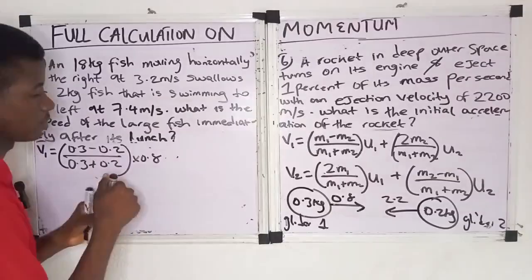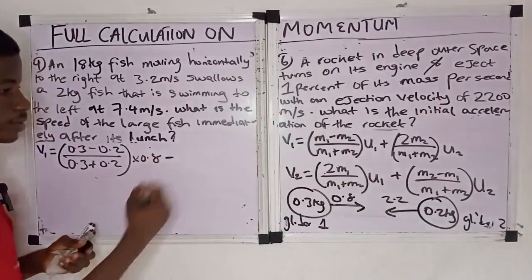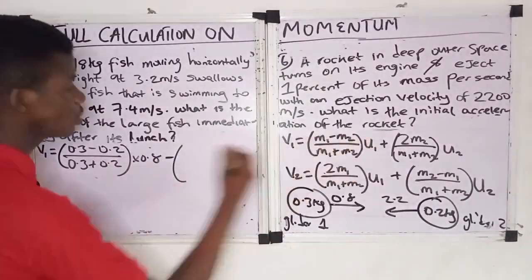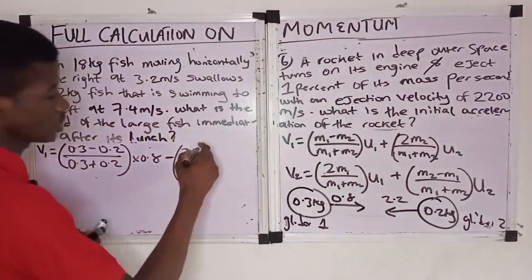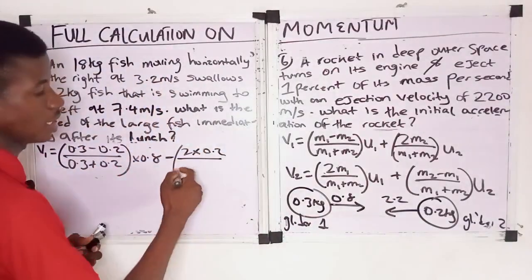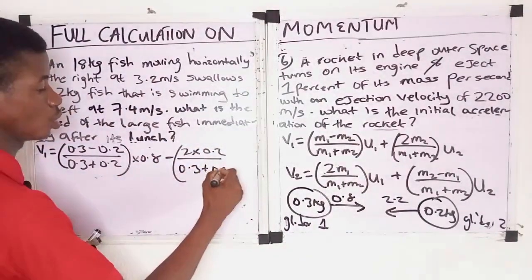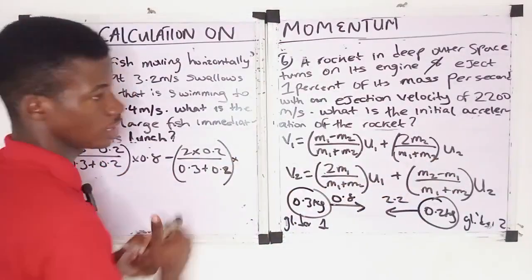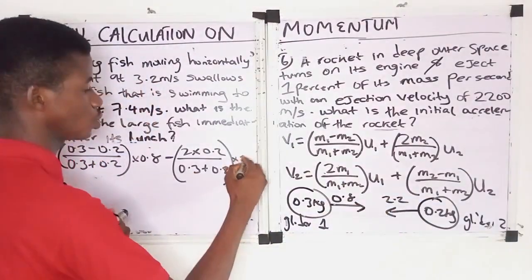But if they are moving in the same direction, we use plus. Then bracket open, 2 times M2, which is 0.2, divided by M1, 0.3, plus M2, 0.2, then bracket close, times U2, the initial velocity of glider 2, which is 2.2.